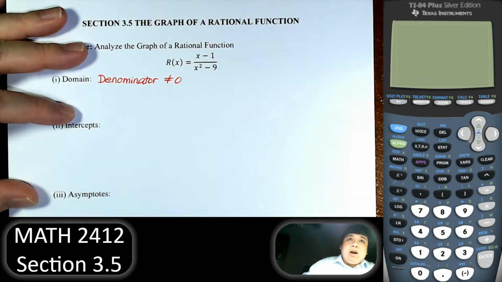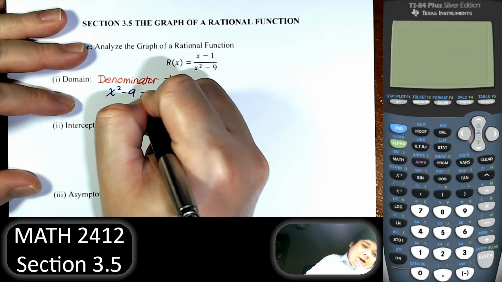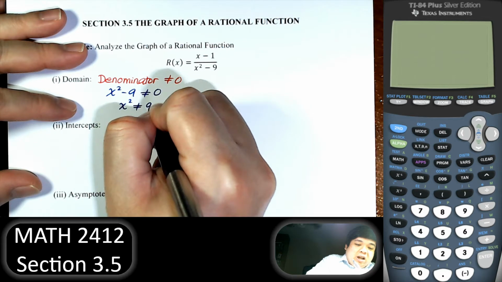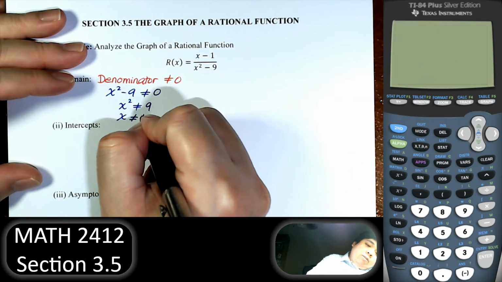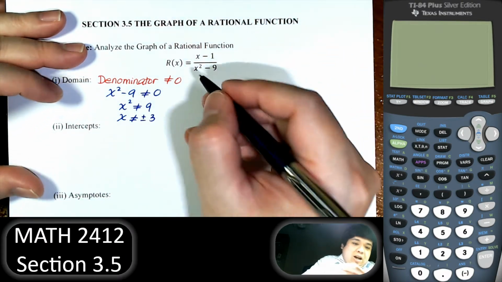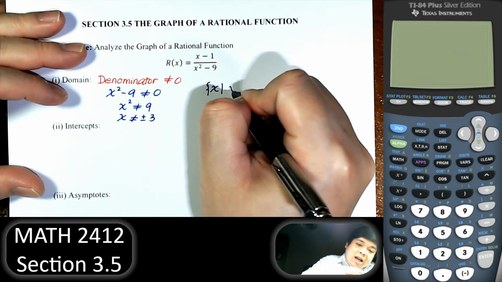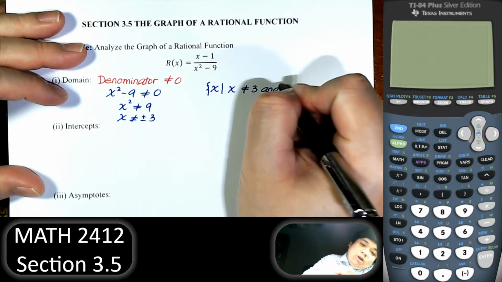So if x squared minus 9 is not equal to 0, meaning x squared is not equal to 9, taking the square root on both sides, x is not equal to plus or minus 3. So the domain is the set of all x such that x is not equal to 3 and x is not equal to negative 3.